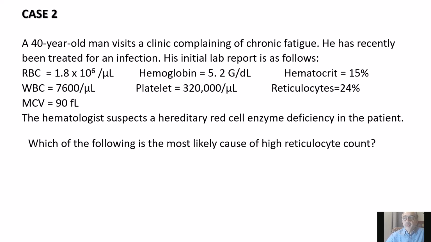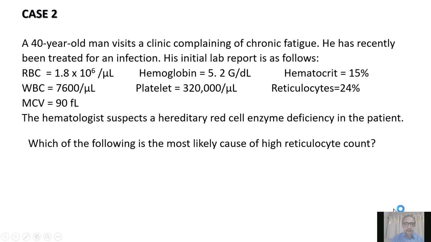RBC 1.8, hematocrit is 15%. WBC count is normal, platelet count normal, but reticulocytes are increased. So anemia with high reticulocyte count must be hemolytic. MCV is just above normal, doesn't matter. Reticulocyte count is the major thing here, with severe anemia. So it is a hemolytic type and a red cell enzyme deficiency.